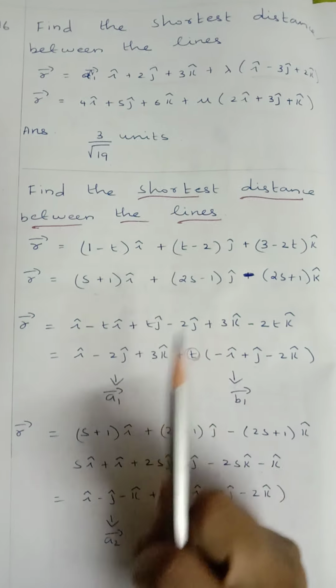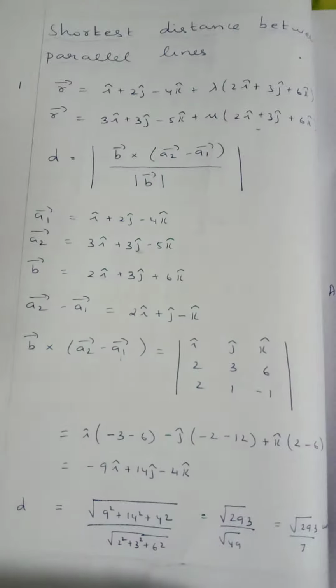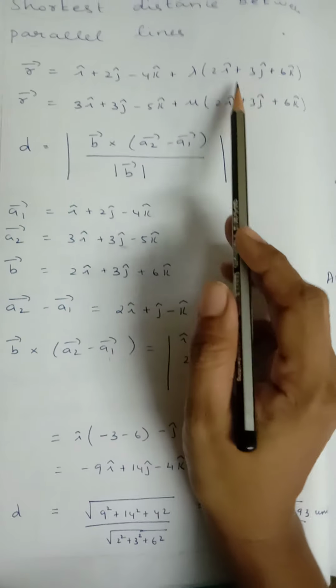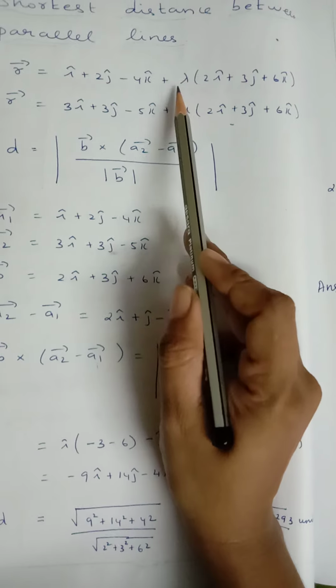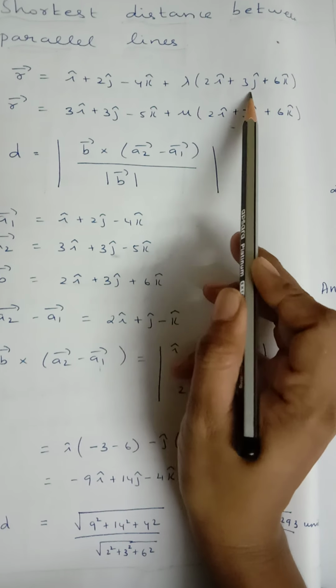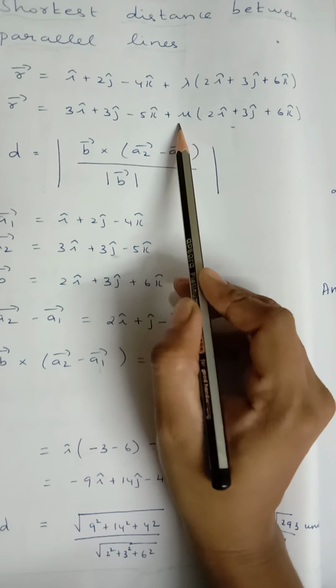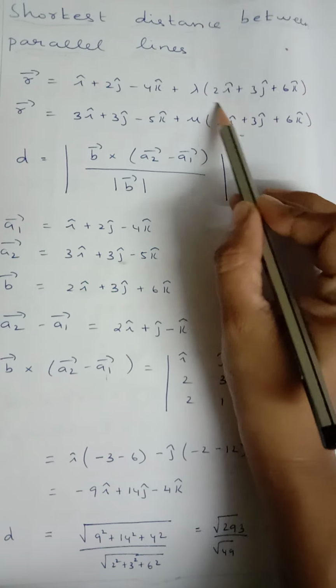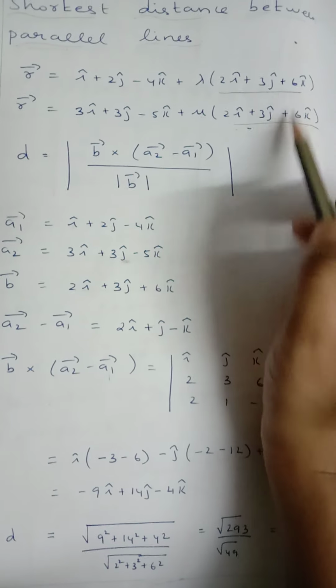Now we are going to see the shortest distance between parallel lines. See, the name itself, parallel lines. You can see this question. Lambda into 2i plus 3j plus 6k, mu into 2i plus 3j plus 6k. These two lines are the same direction, parallel.